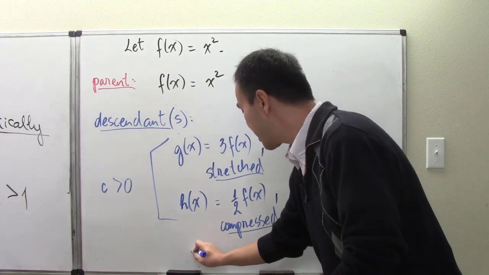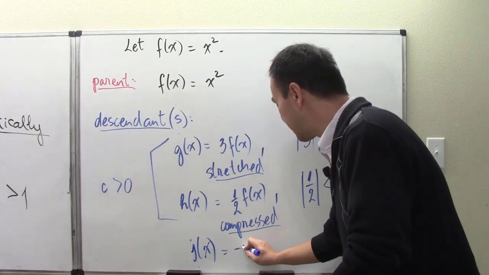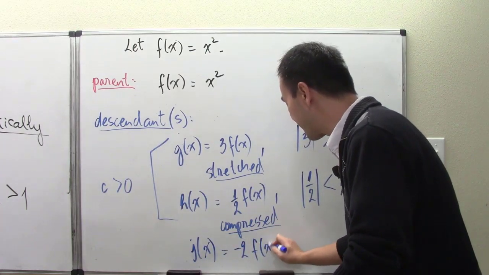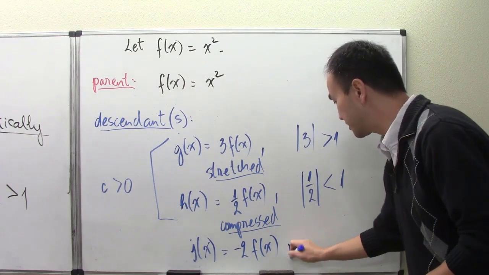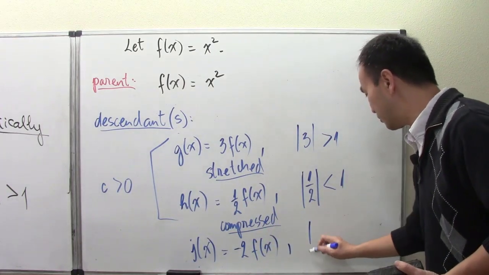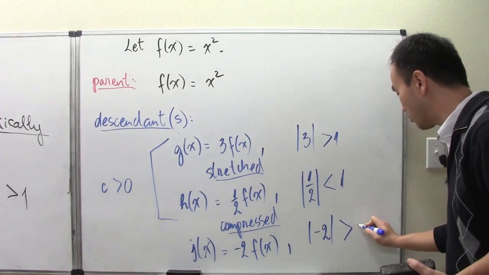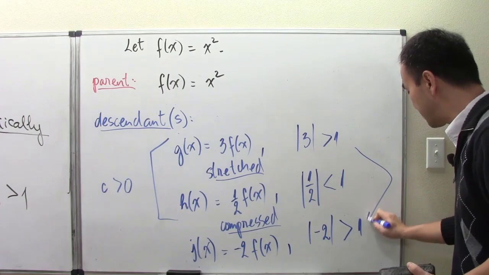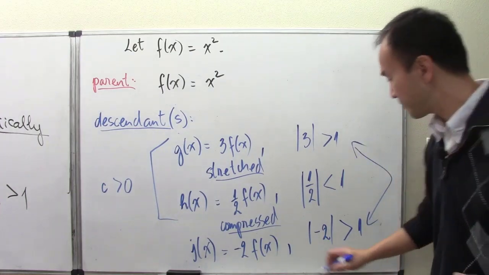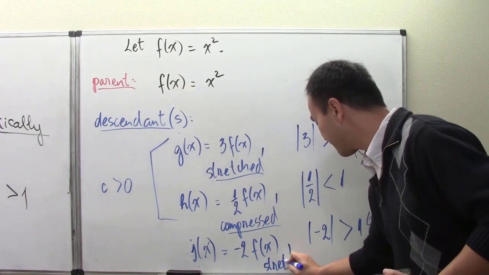And in the case of j of x that we investigated, it was -2 times f of x. This graph was also a stretch, since the absolute value of c here was also greater than 1. So these are the two cases I'm particularly focused on. It caused a vertical stretch again.